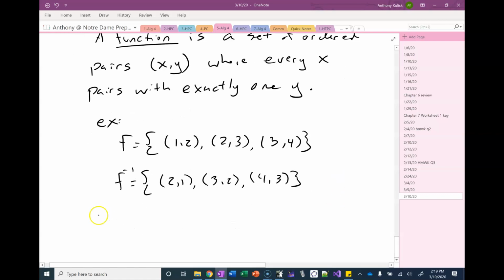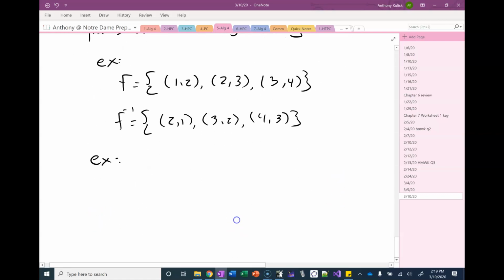We could also describe a function as an equation, maybe something like 2x plus 5. Do you remember how to find the inverse when a function is written this way?